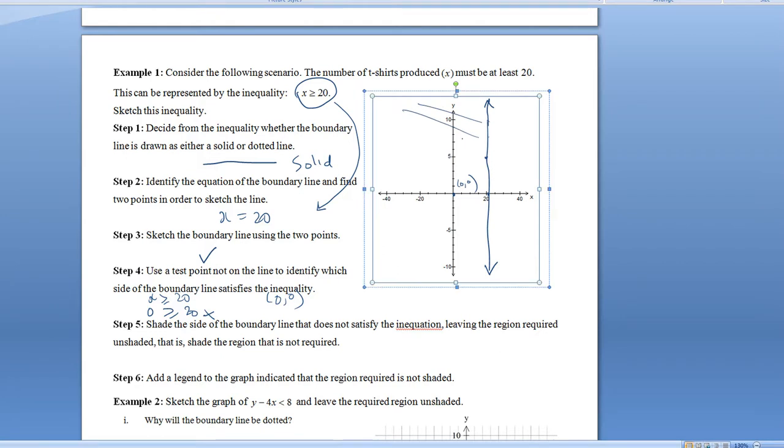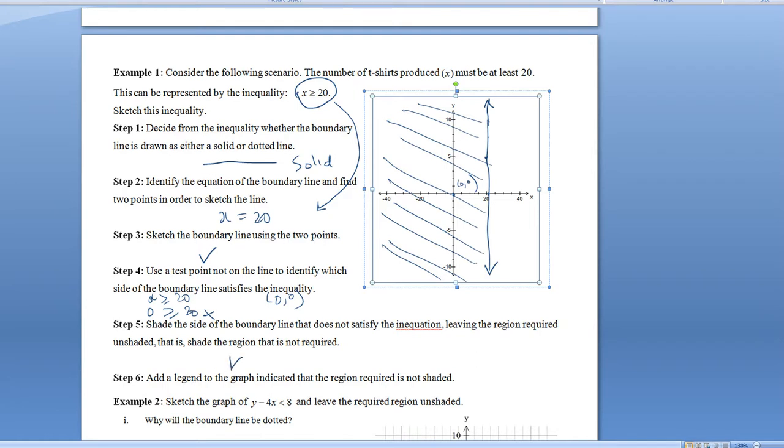I'm going to do that by a series of lines like so. Now we're shading the side of the boundary line that does not satisfy the inequality. So what we've done is left the region required unshaded. That's all good. This is x greater than or equal to 20, and we've got rid of the rest of it. So we've done that.